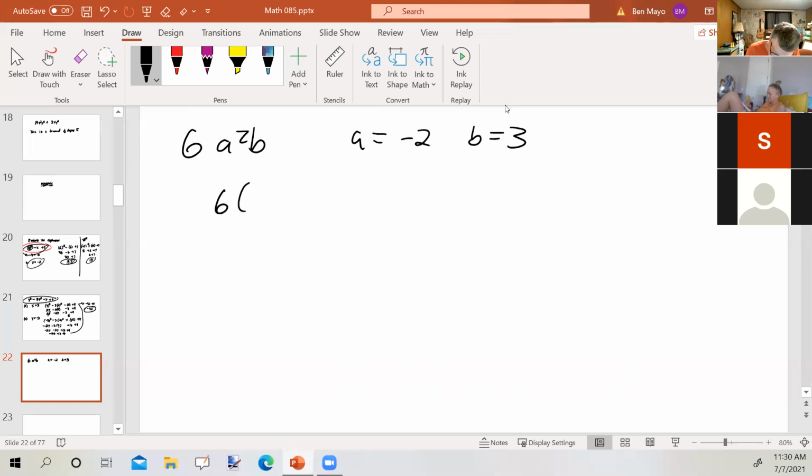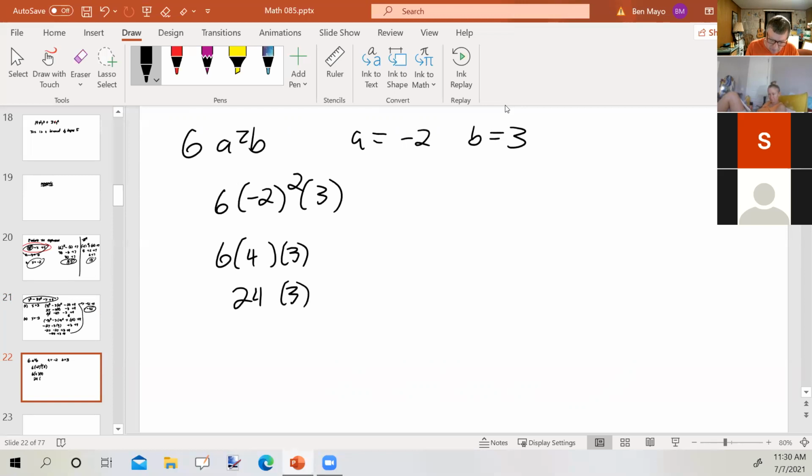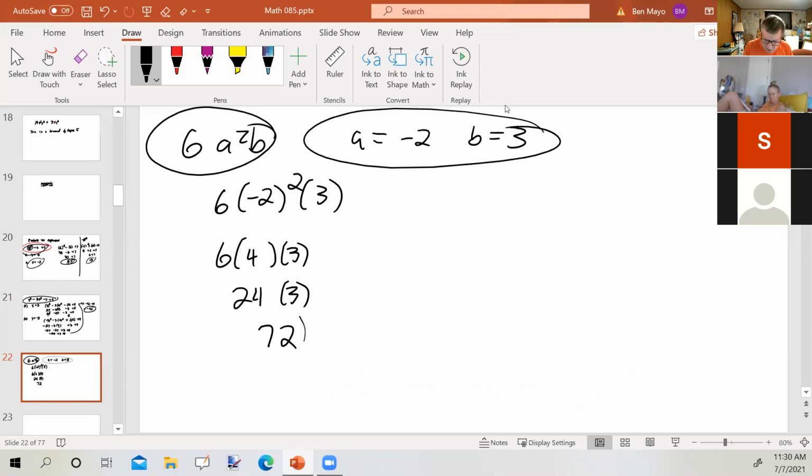So we get 6 times negative 2, the quantity squared, times positive 3, which becomes 6 times, let's see, negative times negative is positive, 4 times 3. 6 times 4 is 24. 24 times 3 is 72. So the value of this expression under these conditions is 72. Any questions about that? All right.